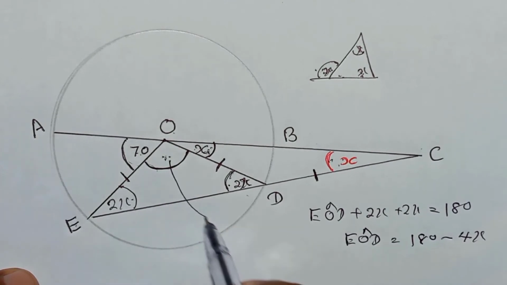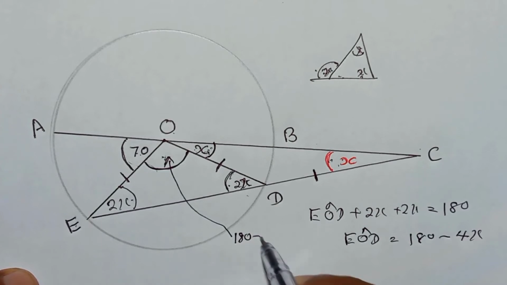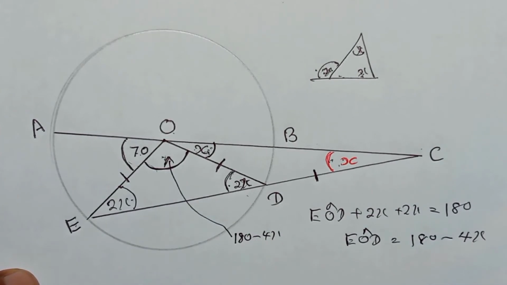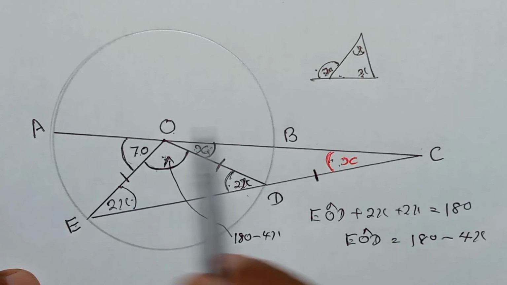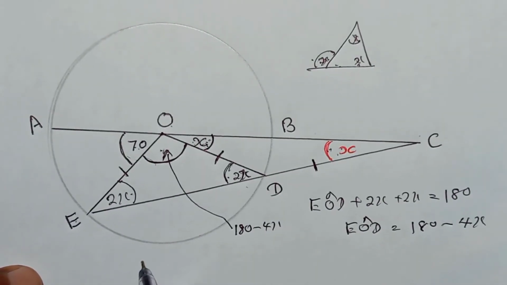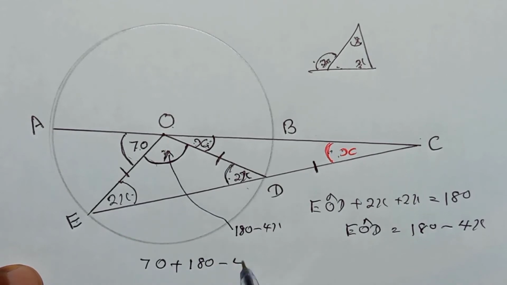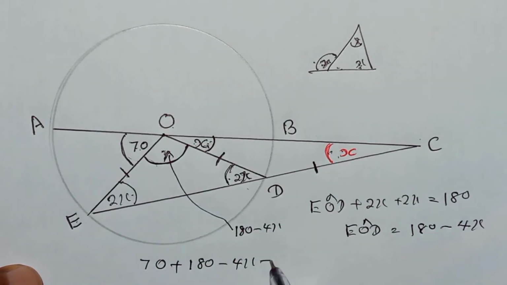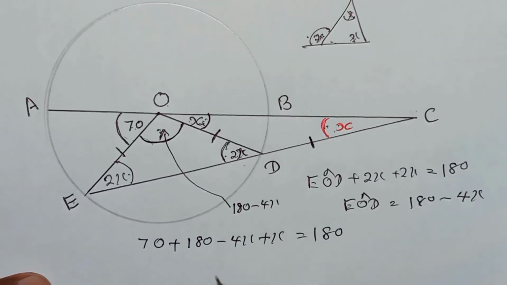Because AOBC is a straight line, they tell us AOBC is a straight line, you can write 70 plus this angle, 180 minus 4x, and this angle again, x plus x, equal to 180, right?